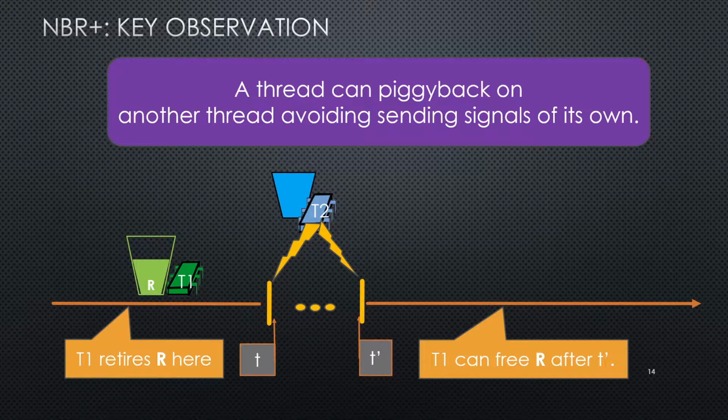So in summary, it really doesn't matter which thread is sending signals. As long as a thread can reason about such an interval where a thread has started sending signals and finished sending signals, then the thread can reclaim its own records as well.